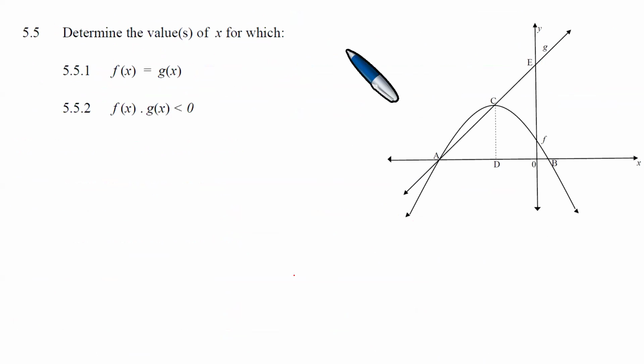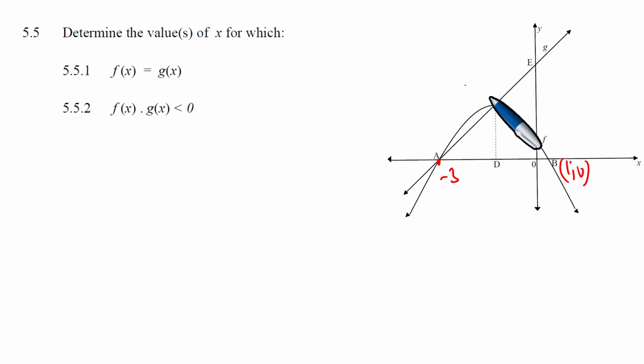We continue. Determine the values of x for which F equals G. We know very well this is -3 here. B has the coordinates 1 and 0.